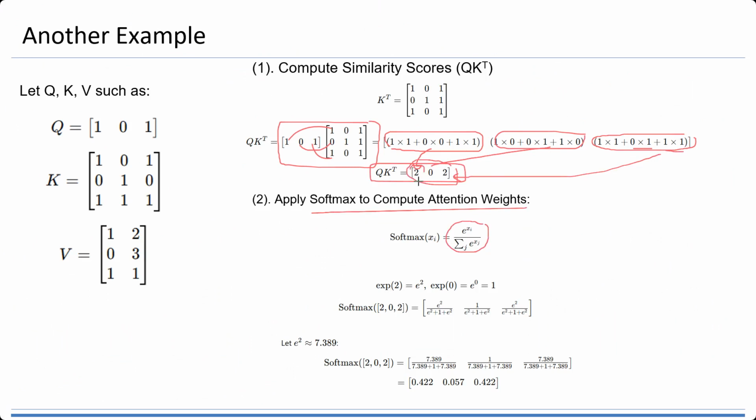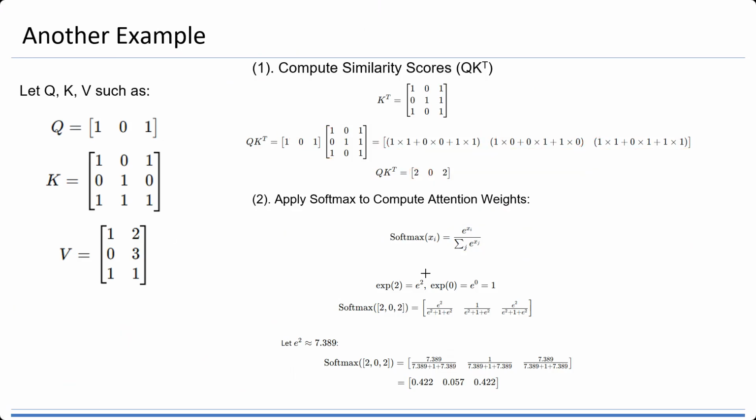We know this is 2, 0, and 2. Okay. So the X, we have the E2, and then we have the E0, E power 0 and E power 2. Then you can have this based on this value.